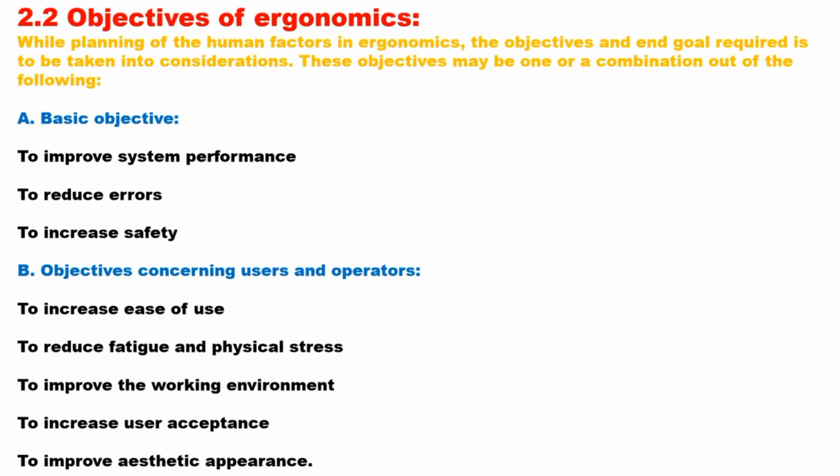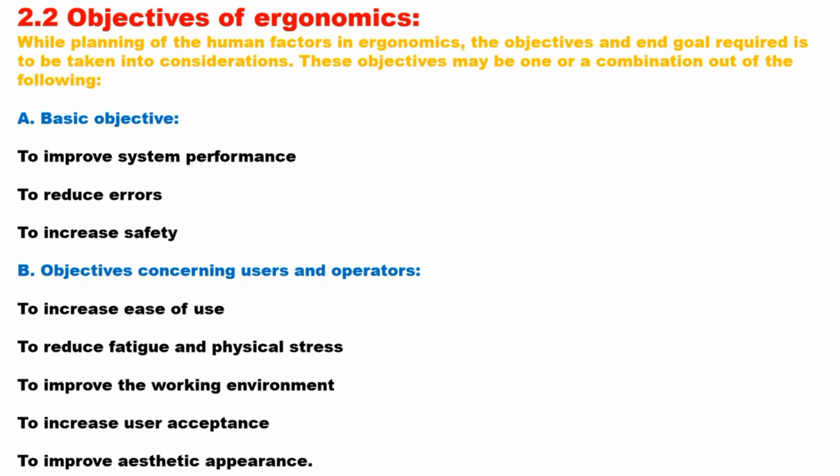2.2. Objectives of ergonomics. While planning the human factors in ergonomics, the objectives and end goal required are to be taken into consideration. These objectives may be one or a combination of the following: A. Basic objectives, to improve system performance, to reduce errors, to increase safety.